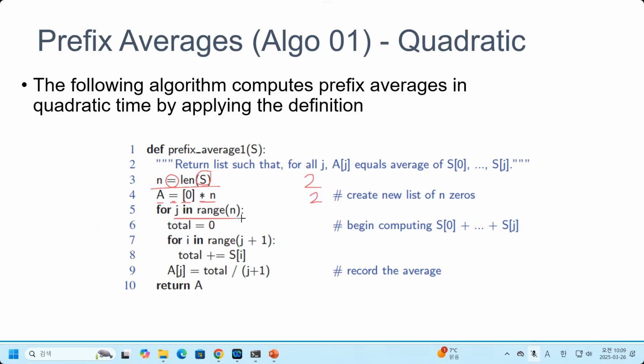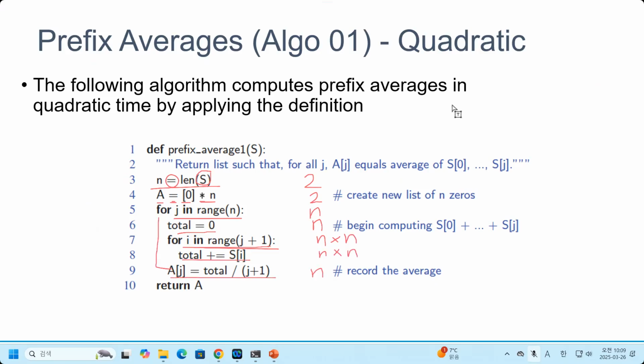A loop until n, so this will be n, with one operation per iteration. And then we have another for loop, which is another n, so it will be n multiplied by n. This will run for n multiplied by n times. This one will follow with this for loop, so it is n times.